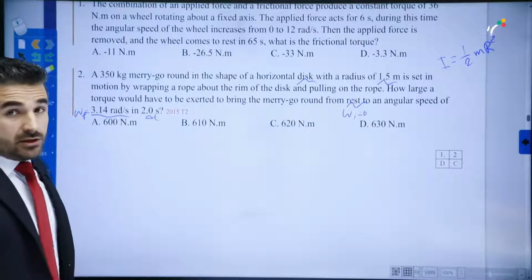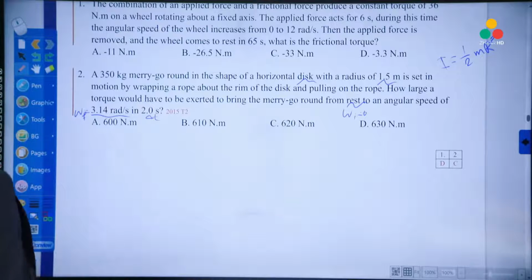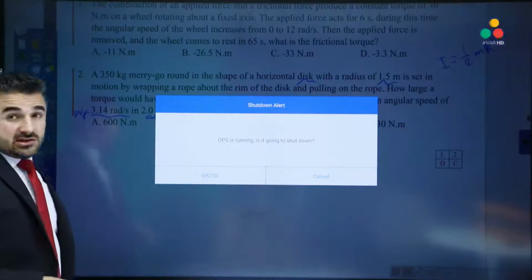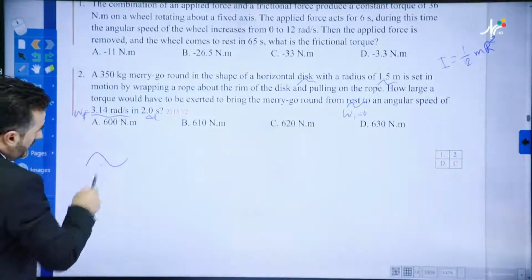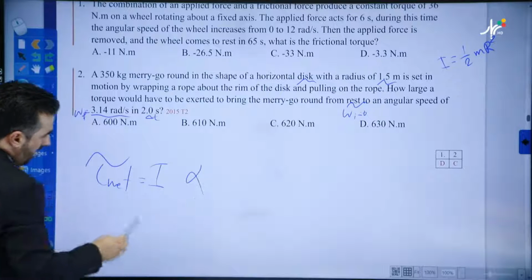Find the net torque. It says find what? How large the torque would be. I'll write the equation for you, but I'm not going to solve it, yeah? So you can do this, or the rest is on you. So we can say the net torque equals the moment of inertia multiplied by the angular acceleration.